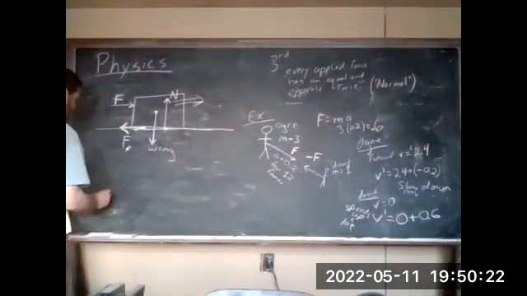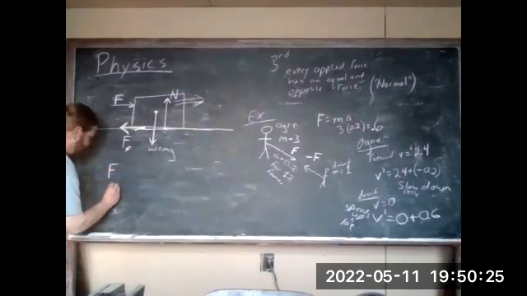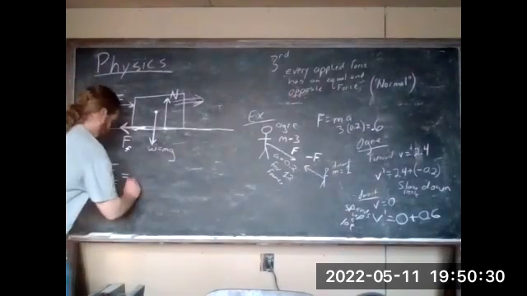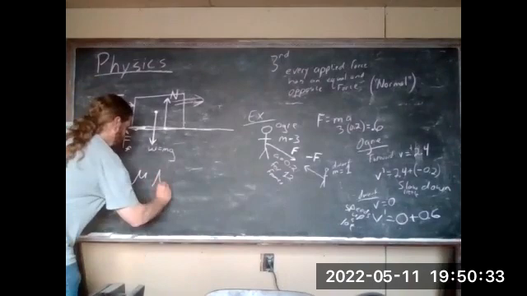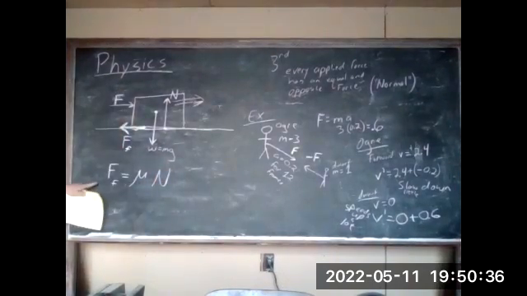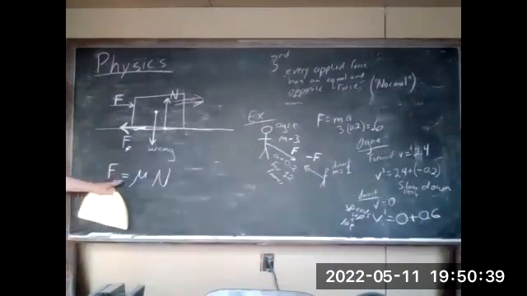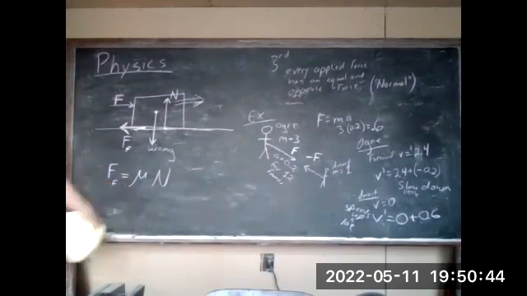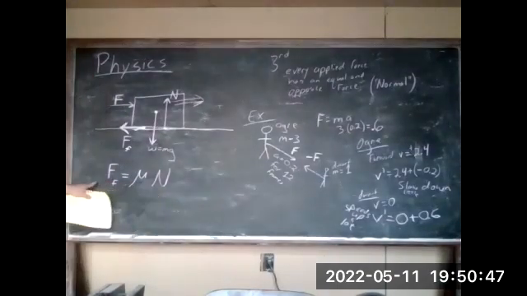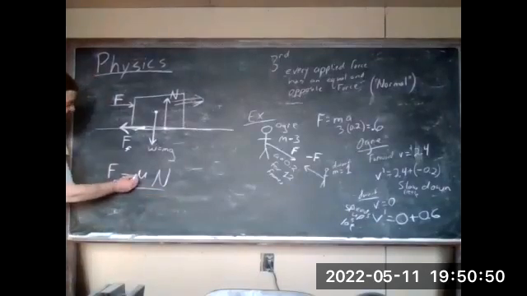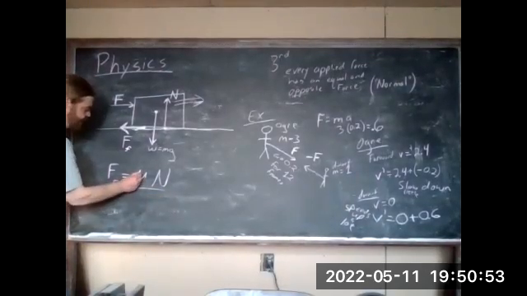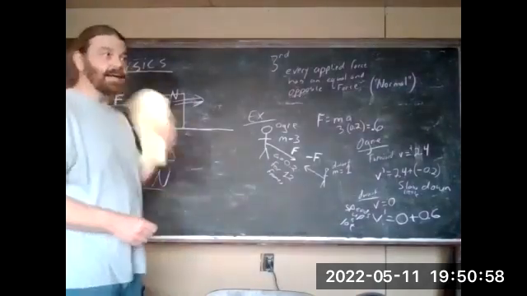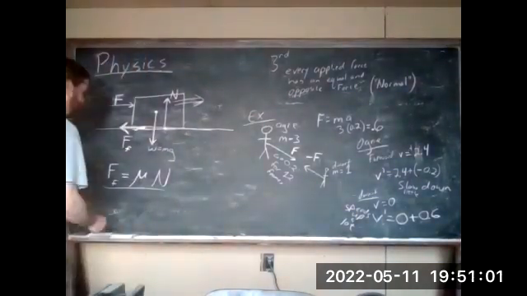And to calculate that, our force of friction, I'll put a little subscript F on it, is usually written as mu times the normal force. Force of friction is mu times the normal force. It's a very common one and easy to remember because you can see it spells fun. Well, sort of. This looks like a U. It's mu, the Greek letter mu. And that is a property of the surface.